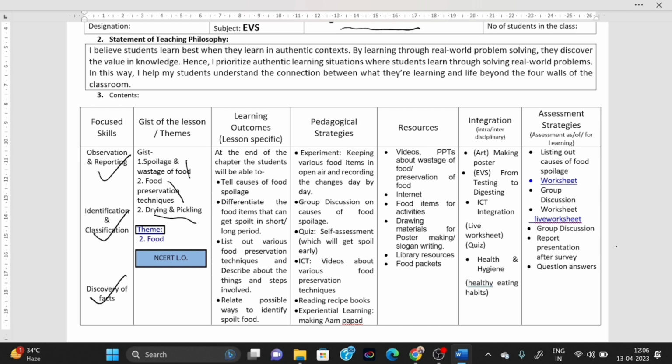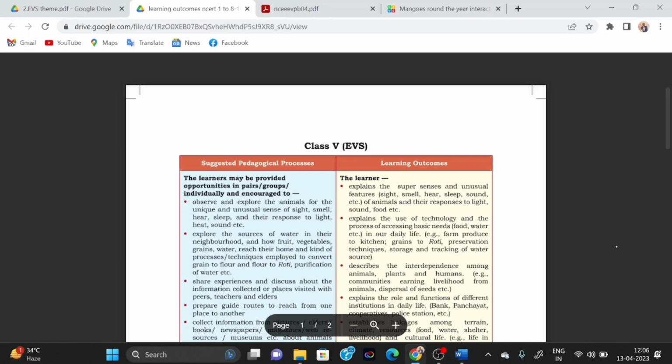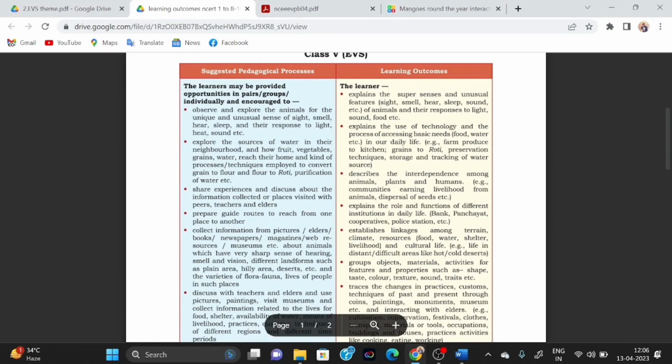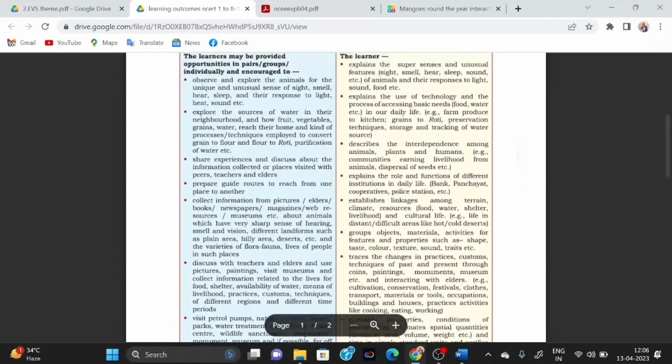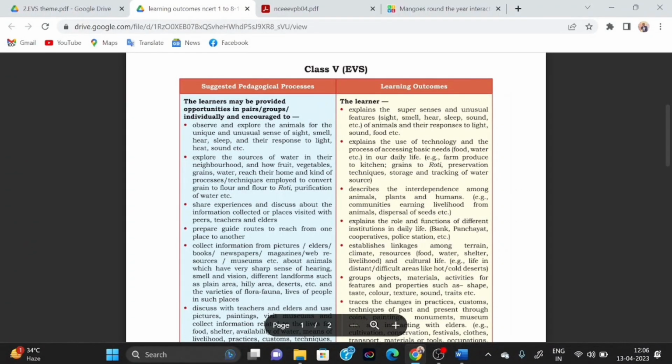As you know, NCERT suggests the learning outcome for various topics. So let us see what NCERT suggests for this particular chapter. For class 5 EVS, the learning outcomes are here. We are taking the second one: explain the use of technology and the process of accessing basic needs like food, water, etc. in our daily life.